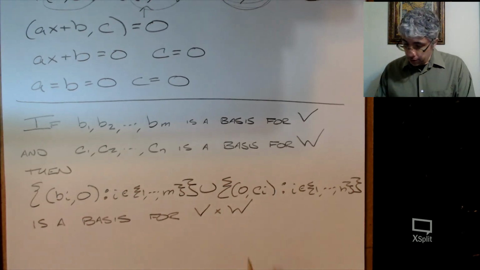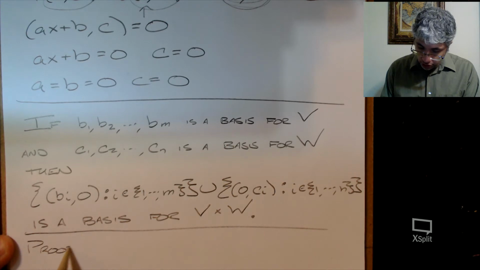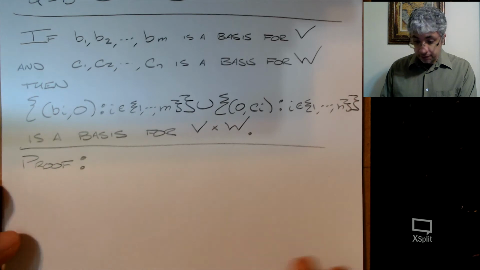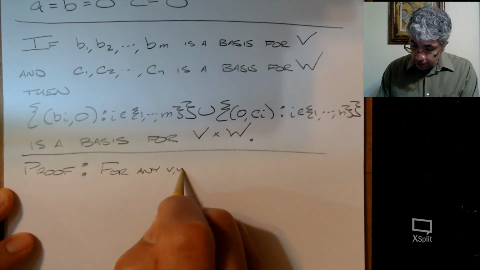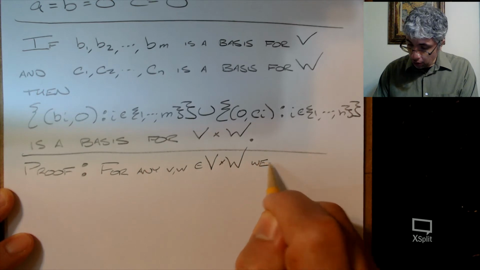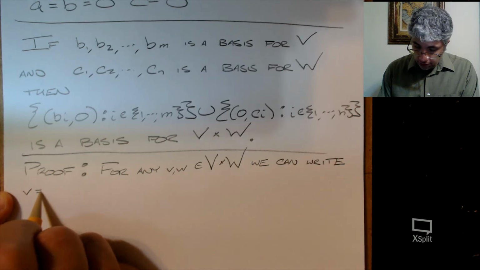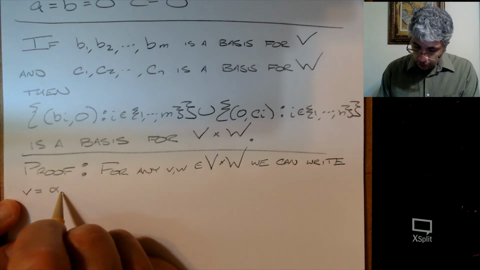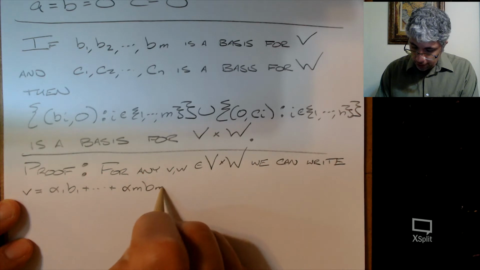Okay, so let's try to show this. Proof. Well, what do we show? We want to show it spans and that it is independent, right? So let's see if it spans. Well, for any little (v, w) in big V cross big W, we can write v equals alpha 1 B1 through alpha m Bm.